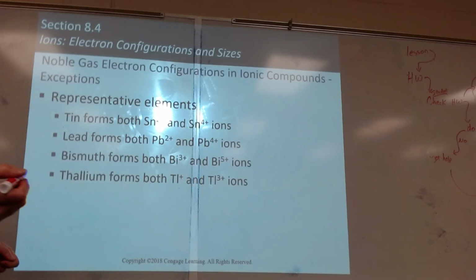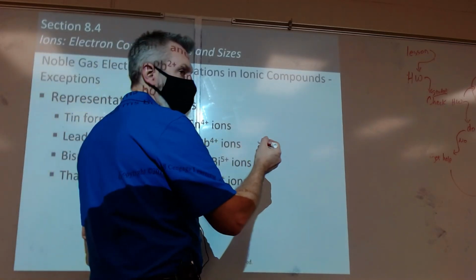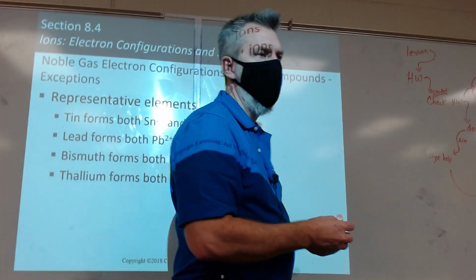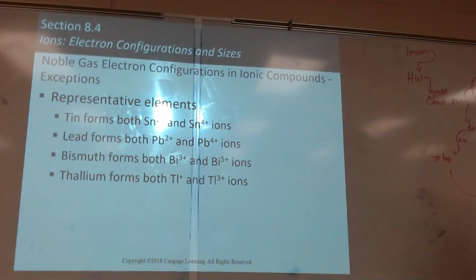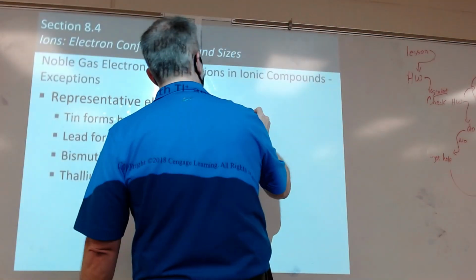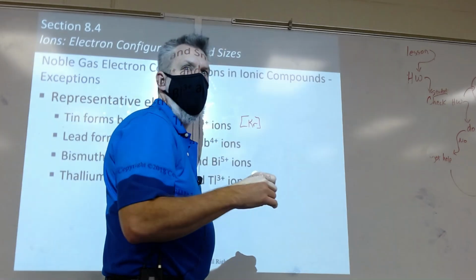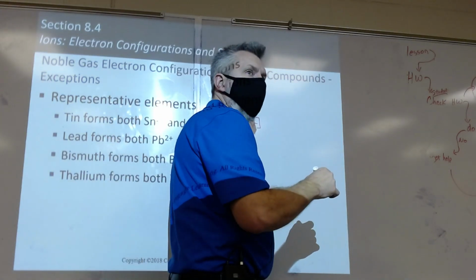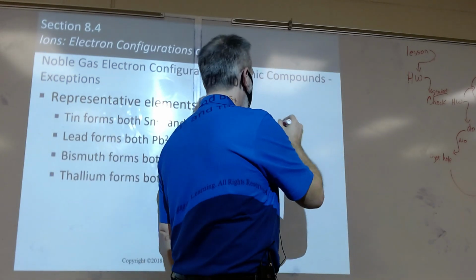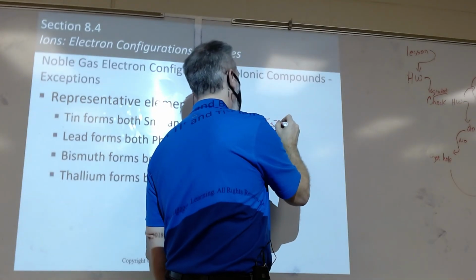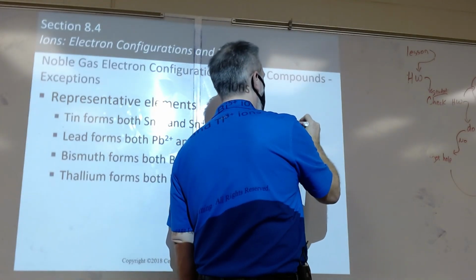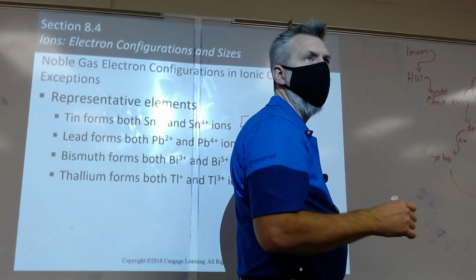So if I'm looking at tin, my Sn, go ahead and write the electron configuration for tin. Just noble gas configuration is fine. So krypton. Okay. After krypton, it's 5s2 4d10 5p2. Right. That's 10.